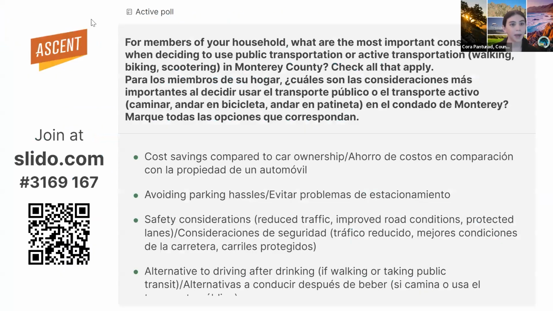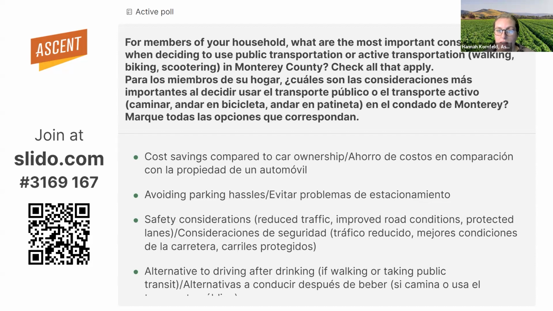And I'll pass that back for another question. Yeah, so related to this, we'd like to know, for members of your household, what are the most important considerations when deciding to use public transportation or active transportation, which we would define as walking, biking, scootering, anything that requires you to not use a motor, in and around Monterey County?